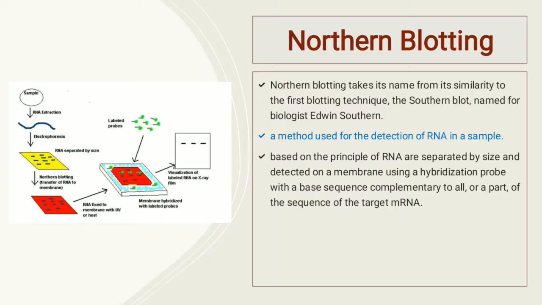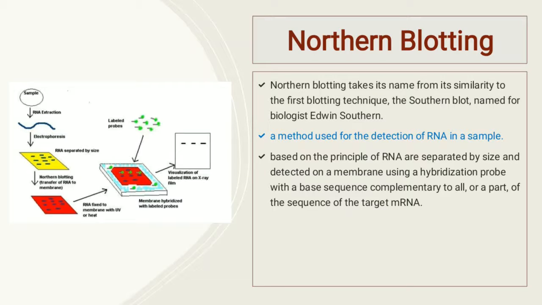so that the complex secondary structures of the RNA are broken down into linear RNA strands. And why are we using this method? So that the complementary DNA that we have prepared as a radiolabeled probe can easily bind to the linear stranded RNA. After performing agarose gel electrophoresis, we will get RNA bands on the gel.